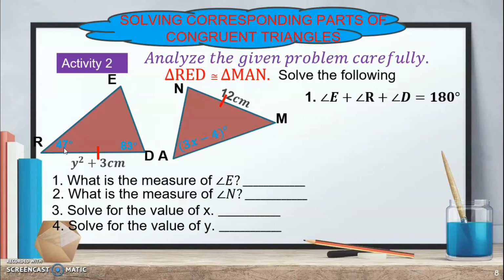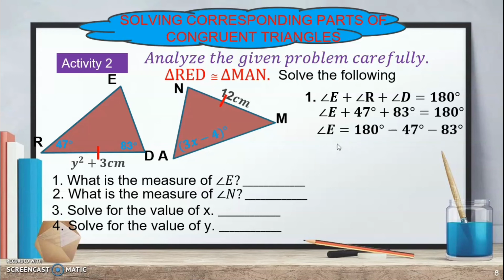So, angle E, hindi siya given. Angle R is 47. Then, angle D is 83. Is equal to 180 degrees. So, transpose natin si 47 and 83 to the right side. So, E is equal to 180 degrees minus 47 minus 83 degrees. So, E is equal to 50. So, the measure of angle E is 50 degrees.